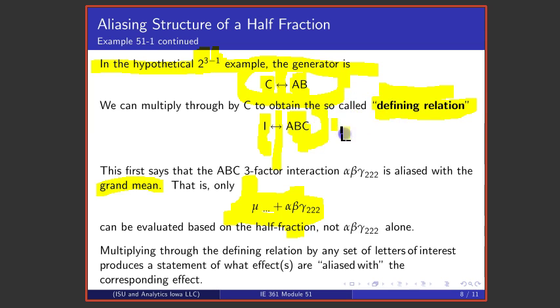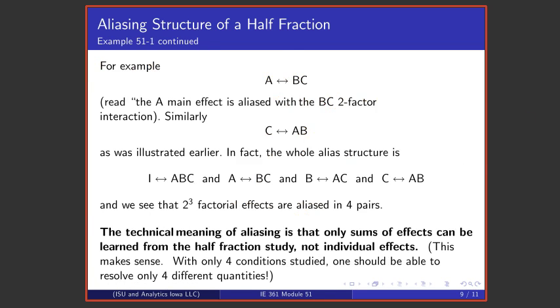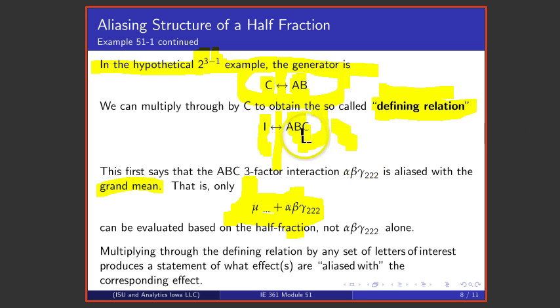If one takes this defining relation and multiplies through by any set of letters of interest, one can see what is aliased with that corresponding effect. So if I start with I being equivalent to A, B, C, and I multiply through by A, I get A on the left side.